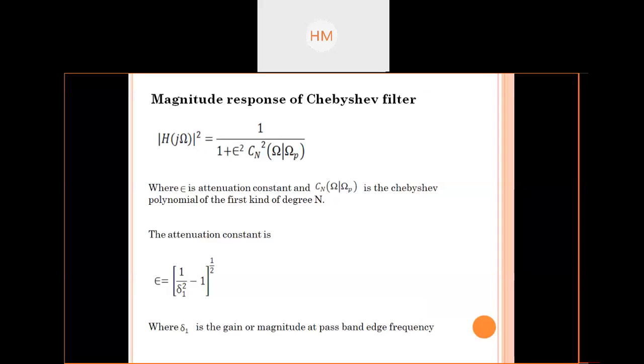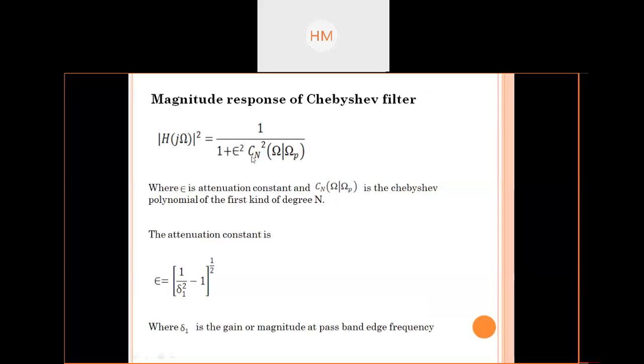Now the magnitude response of the Chebyshev filter. You can write these equations in your copy. The Chebyshev filter has a magnitude response, and this is the response for a low pass filter: 1 upon 1 plus epsilon square Cn square of omega upon omega p, where omega p or omega c, any constant, shows the cutoff frequency.